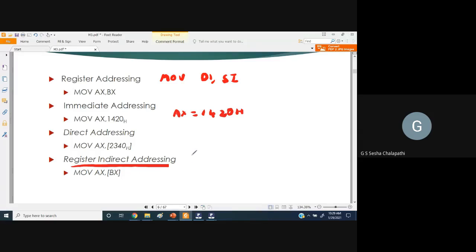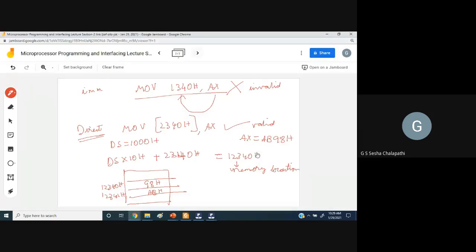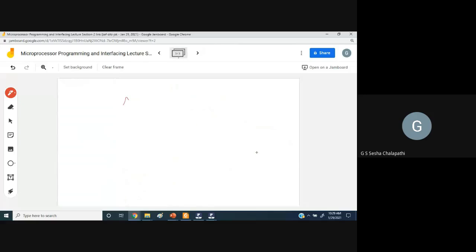Now what will happen after this? AX will become the contents of DS colon BX. So let us go to the Jamboard again. I have MOV AX, [BX].